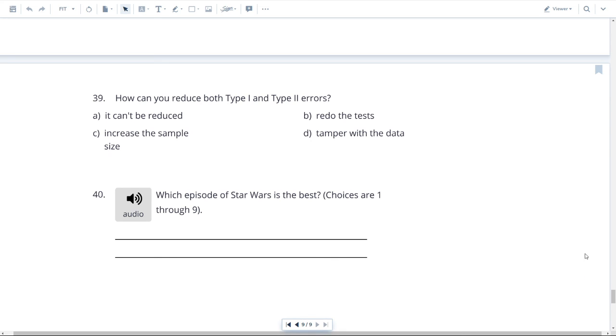Finally, I'm looking at your answers for number 40. And I have to say, I am disappointed, to say the least. Some of you apparently have not seen Star Wars. You make me sad. You make me very sad. Next, some of you went with the obvious answer being Empire Strikes Back.